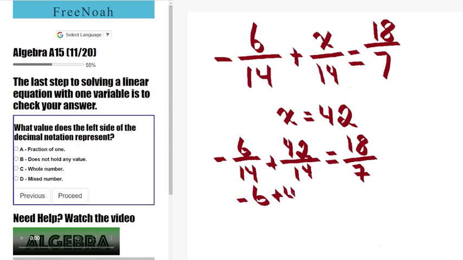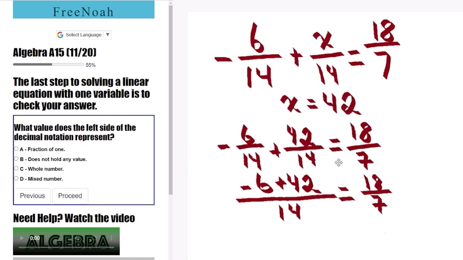So negative 6 plus 42 over 14 equals 18 over 7. Negative 6 plus 42, well, that's going to give us 36 over 14.